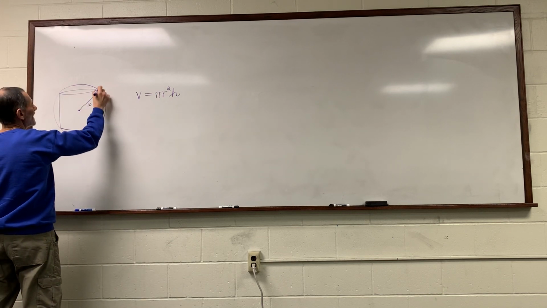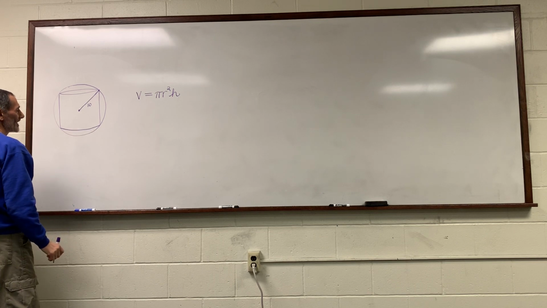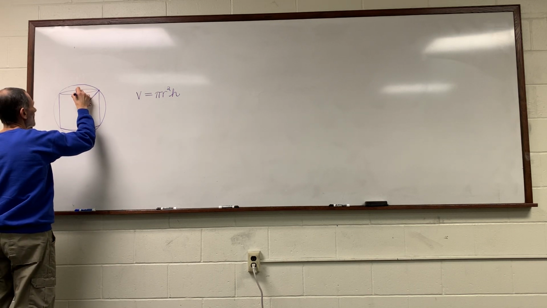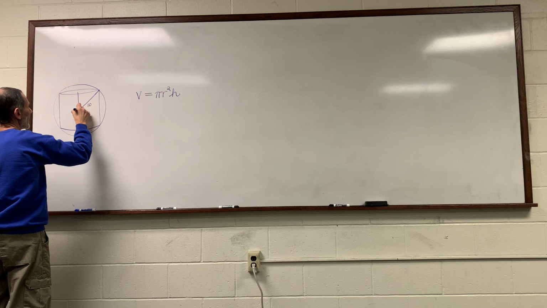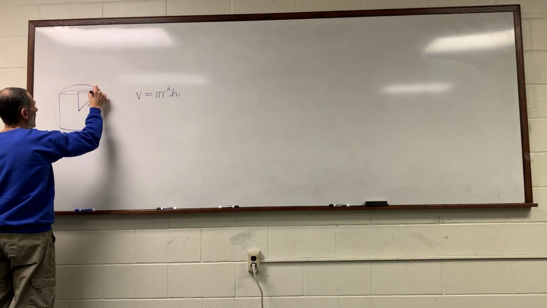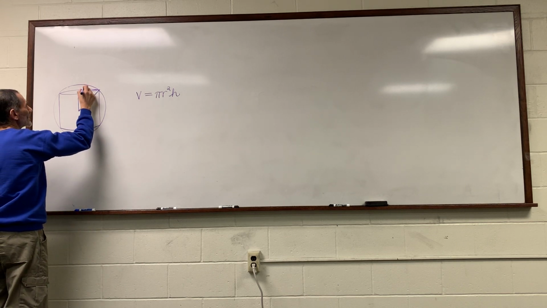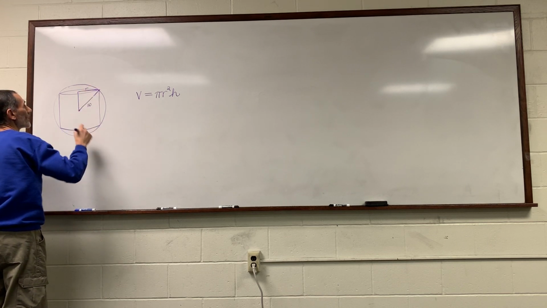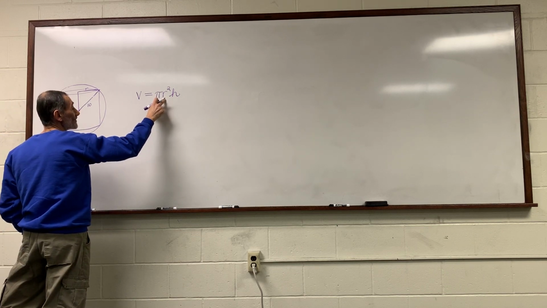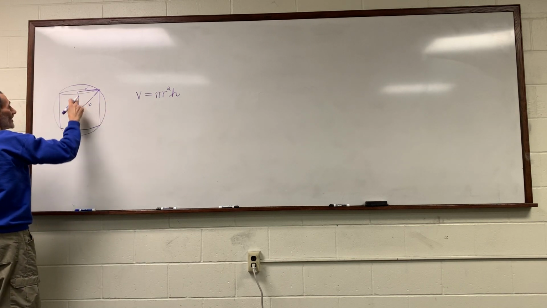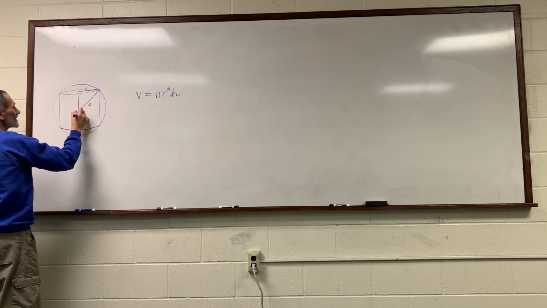Now, drawing this radius in that manner allows us to complete a right triangle whose legs are very significant. This is the r, the radius of the cylinder. This, going to the center of the cylinder, is half the height of the cylinder.